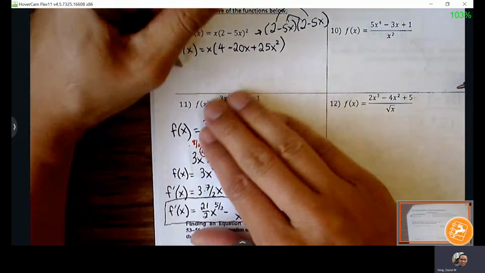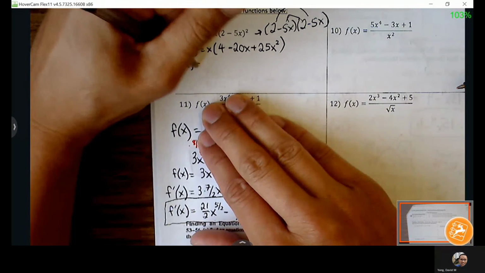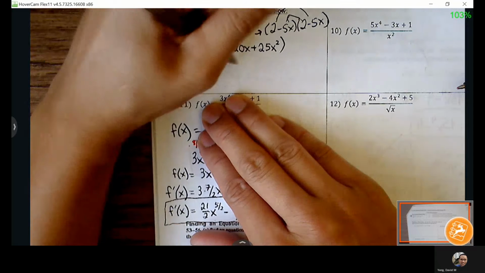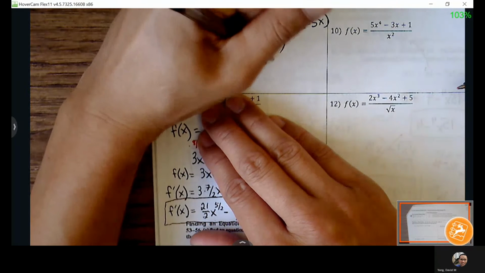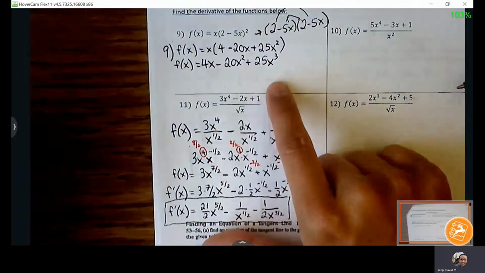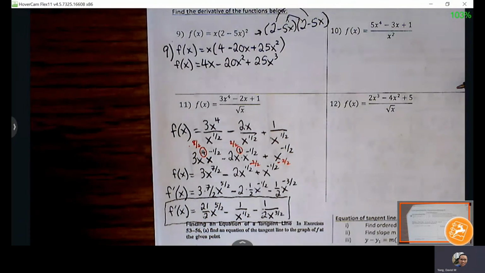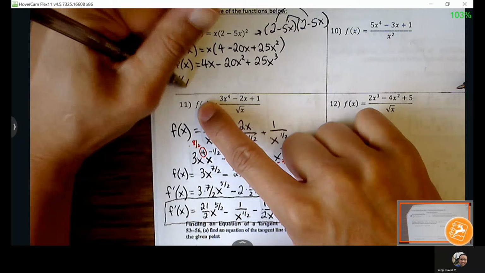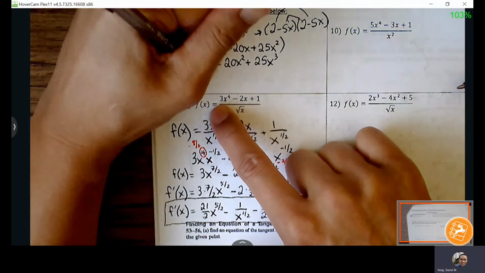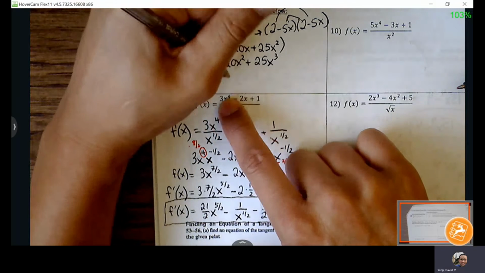Now distribute the x through. And now you're ready for power rule, right? No parentheses, no variables in the denominator, no radicals. Pretty easy, this one here. No fractions to deal with either.